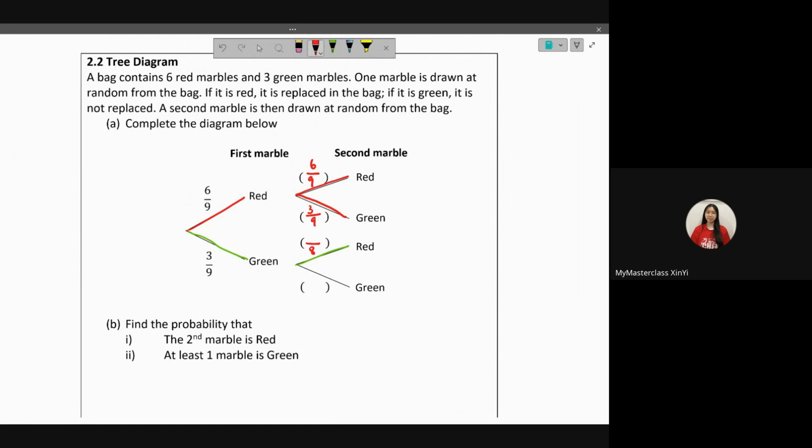If you drew green in the first draw, you will still have 6 red marbles left inside, so this is going to be 6 out of 8. Then for the green one, because you have drawn 1 green one out already, out of 8 you are left with just 2 of them.